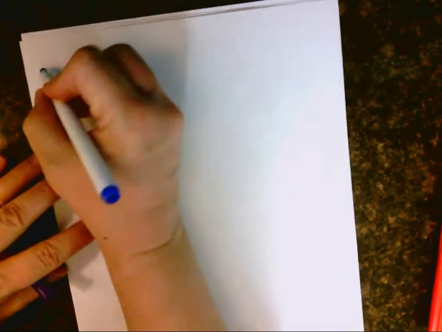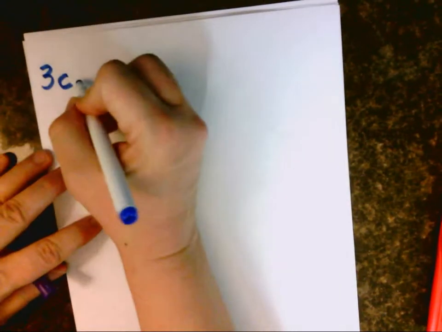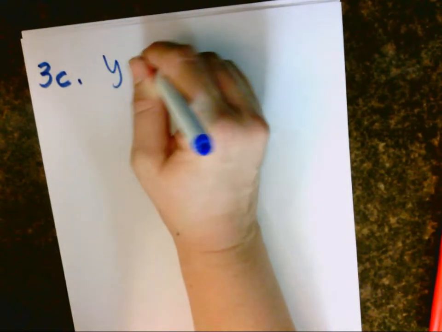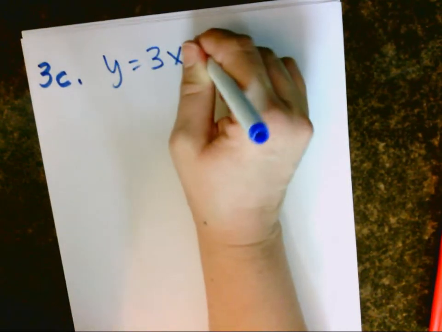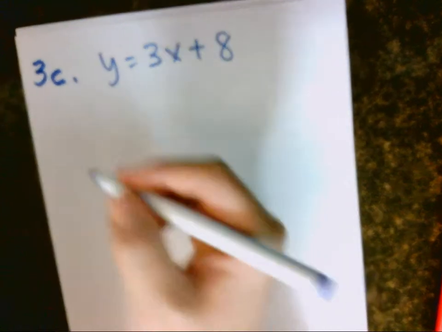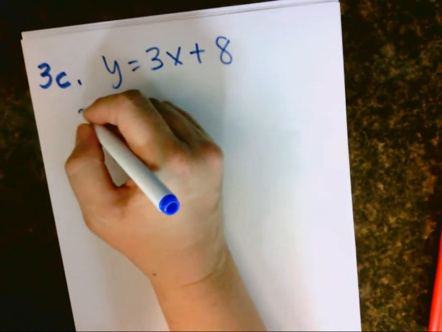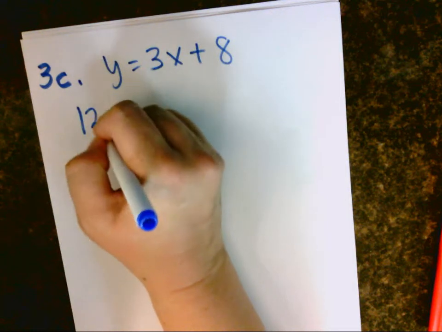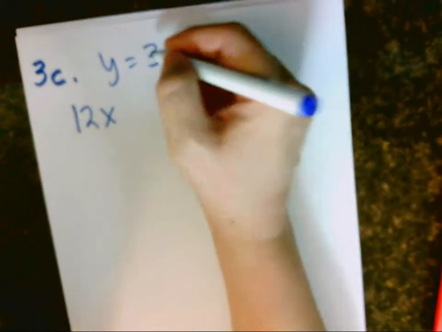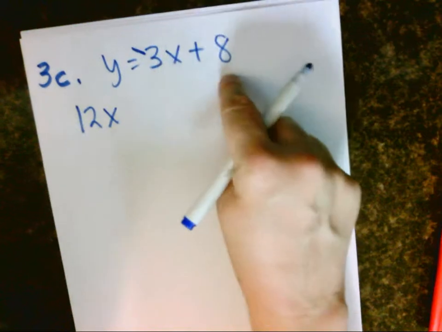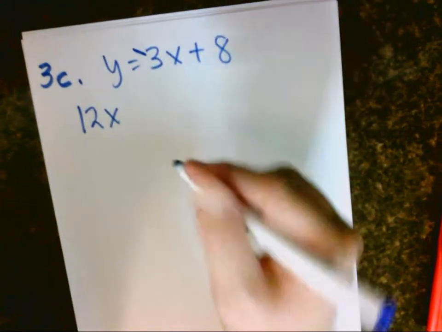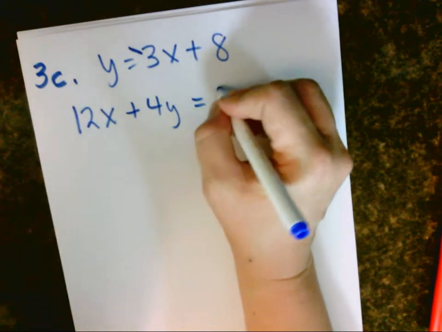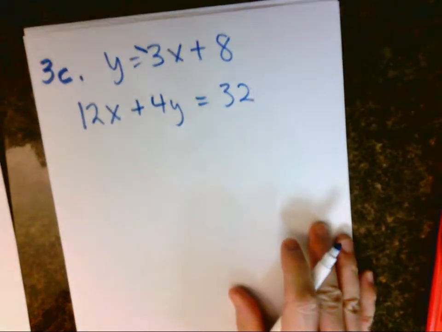Number 3b, and 3c, I'm going to skip to part c. y equals negative 3x plus 8 is the first equation, and 12x plus 4y equals 32.